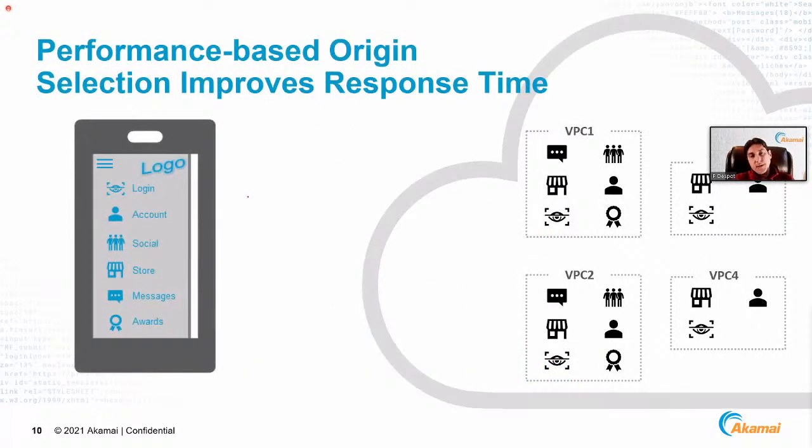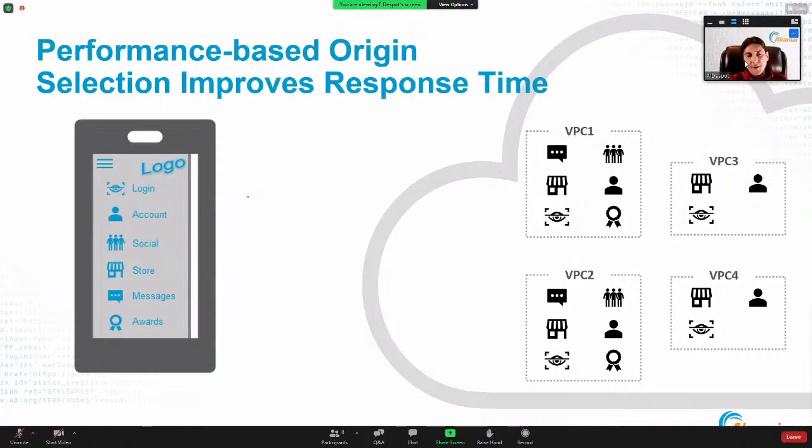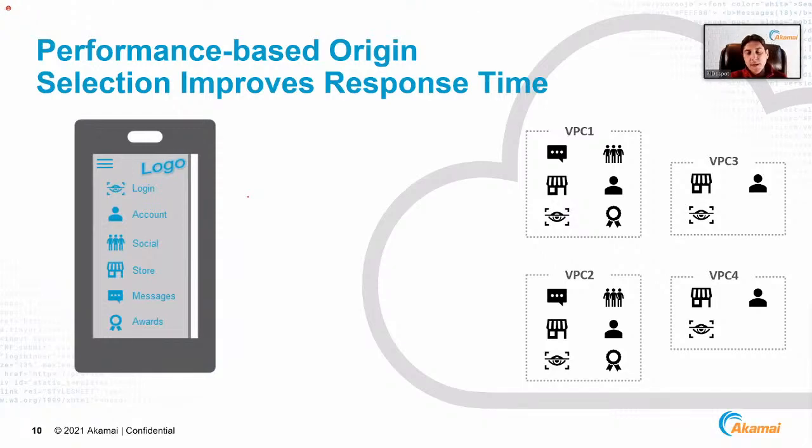So what does it look like? Well, let's take a look back at our fake service here. This is maybe a mobile app, maybe it's a mobile site. We have a login, we have an account, we can share things, of course, a store. And on the left, it might look like that. But on the right, it might look something like this.